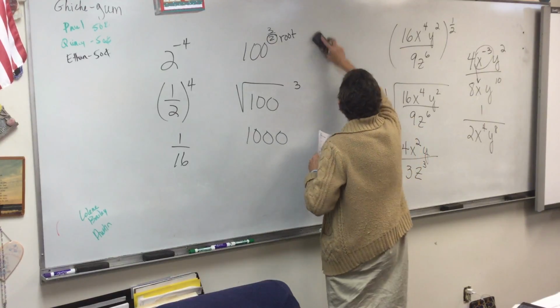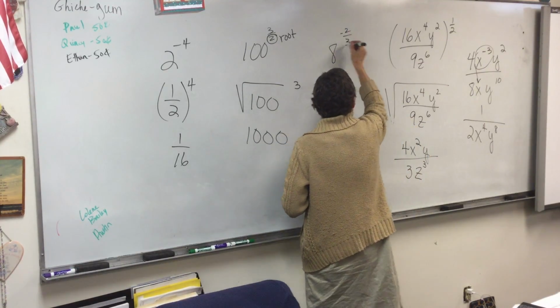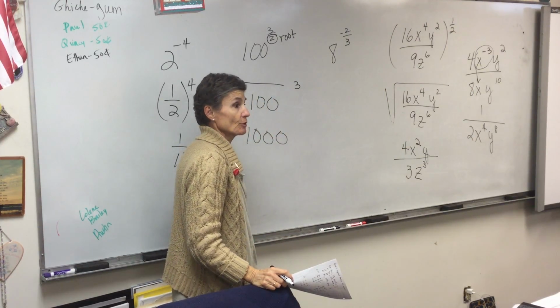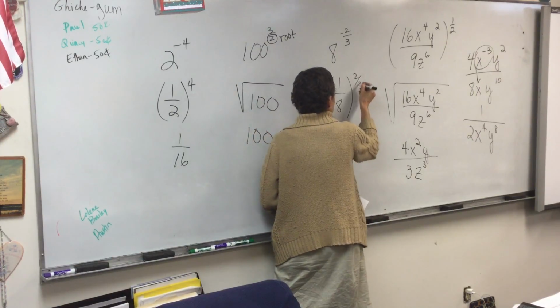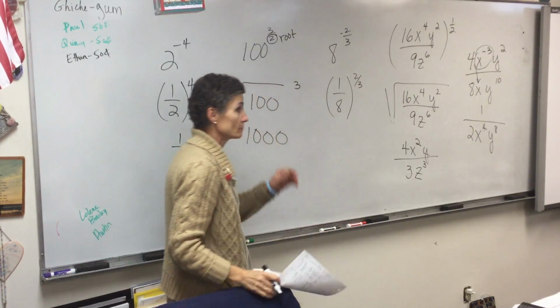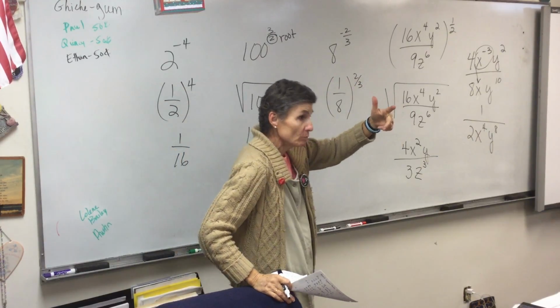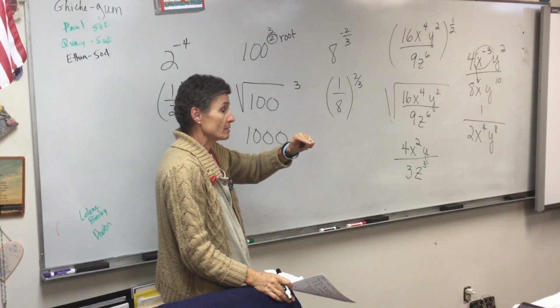All right, what about 8 to the negative 2/3? Flip it, 1/8. 8 to the negative 2/3 is going to be 1 over 8 to the 2/3. Because what does a negative exponent do? Flip. So instead of 8 over 1, we have 1 over 8.